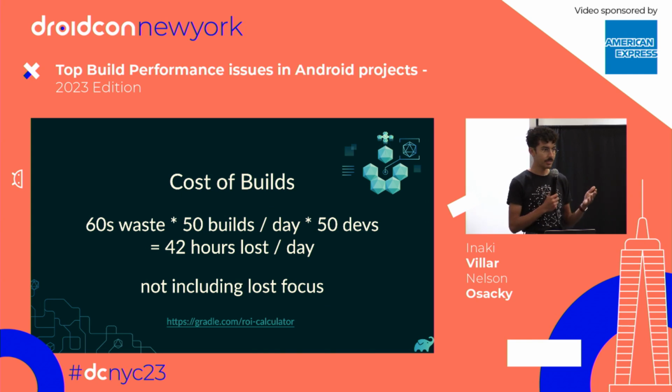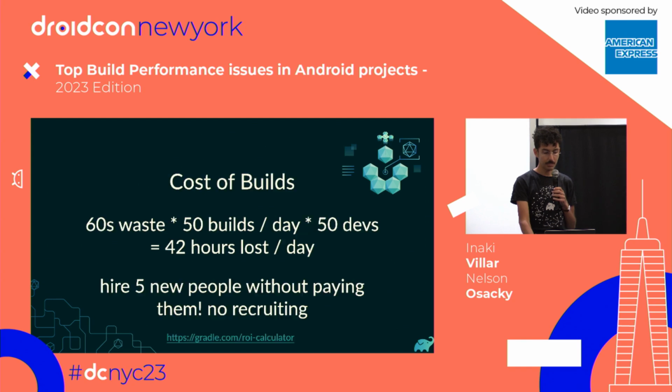When you waste time in a build, and you have to context switch. And 40 hours is basically a full work week, right? And that's per day that you're losing. So fast builds matter. If you're losing a work week per day, you could basically hire 5 new people without paying them, no recruiting costs.